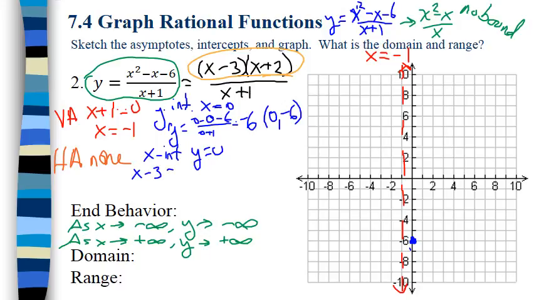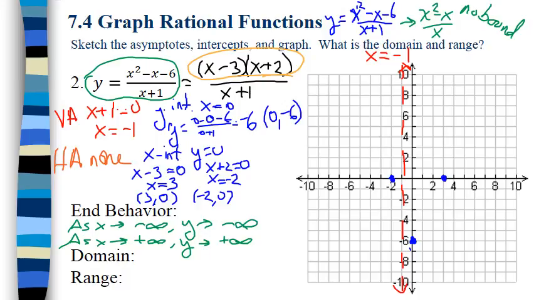So x minus 3 equals 0, which means x equals 3, and (3, 0) is an x-intercept, and x plus 2 equals 0, which means x equals negative 2, and (negative 2, 0) is also an x-intercept. So I have (negative 2, 0) and (3, 0).